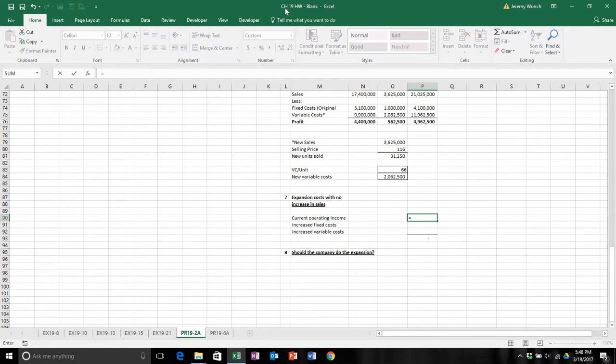If we take our current operating income of 4.4, plus we're going to spend an extra $1 million on fixed cost, but we're projecting we're not going to sell any more units, which means we won't have any additional variable cost. So that means our profit will drop to $3.4 million if we don't actually benefit from the extra number of units.